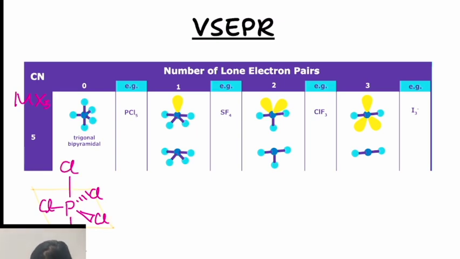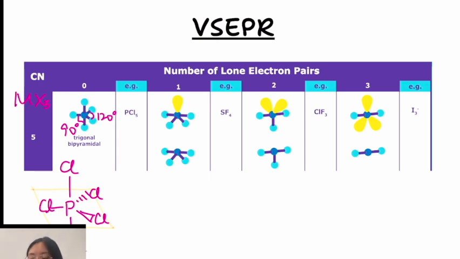These 3 bonds are 120 degrees away from each other, and these two bonds are 90 degrees away from the plane. We call this trigonal bipyramidal because it has the base of a triangle, and it looks like a pyramid, but there are 2 pyramids, one up and one down. So we call it trigonal bipyramidal.